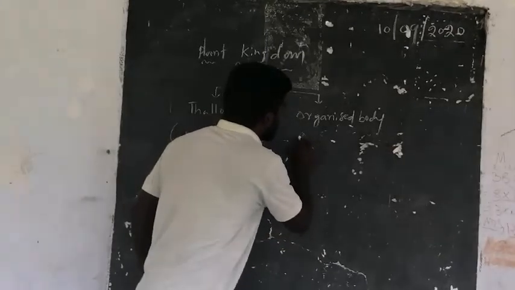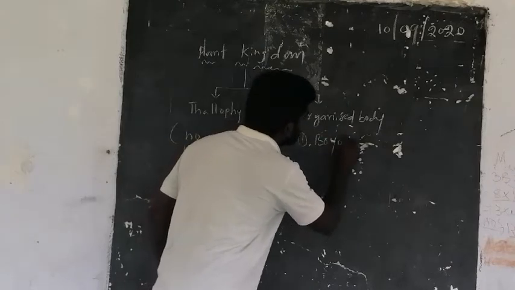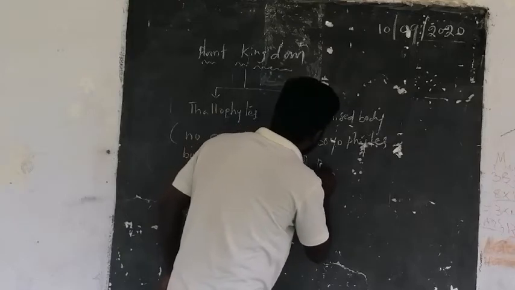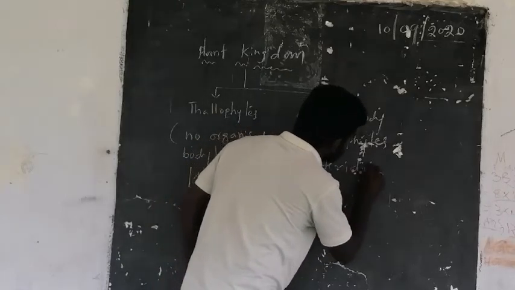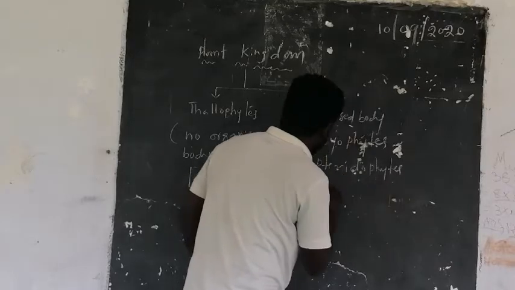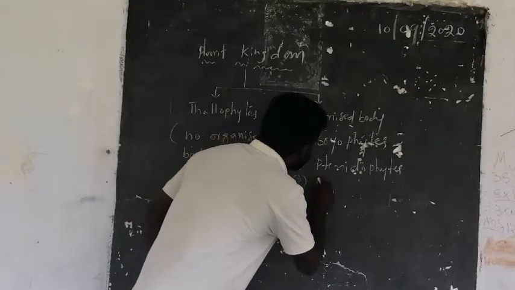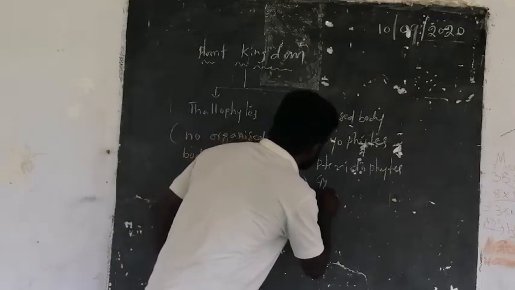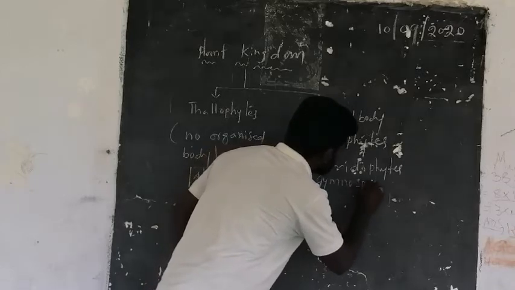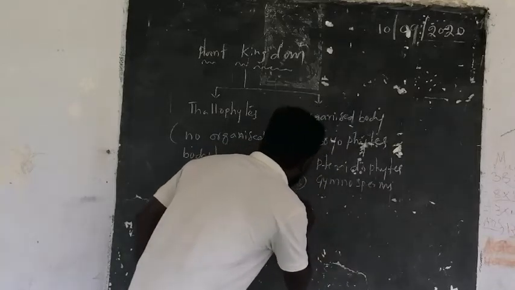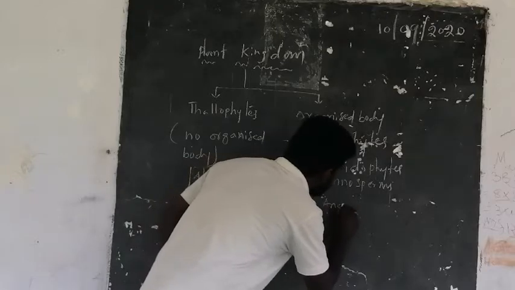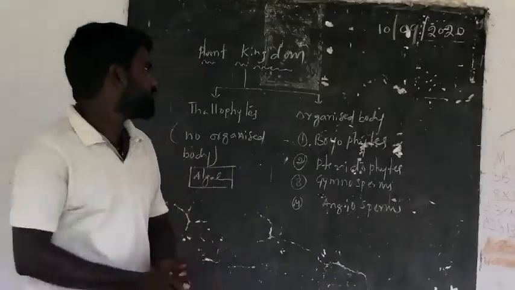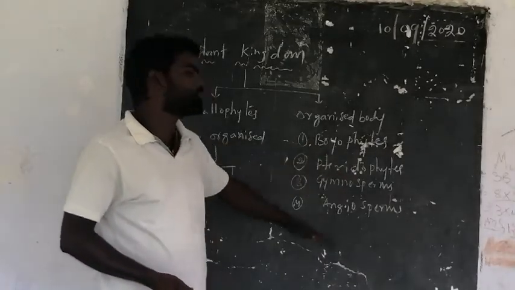What are they? Bryophytes, and second, pteridophytes, and the last one, gymnosperms, and angiosperms.